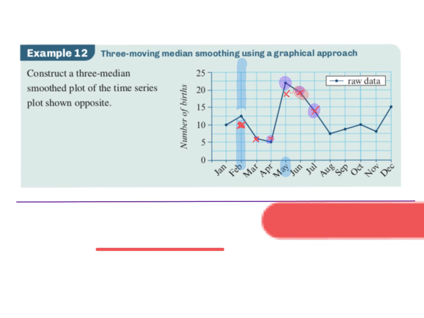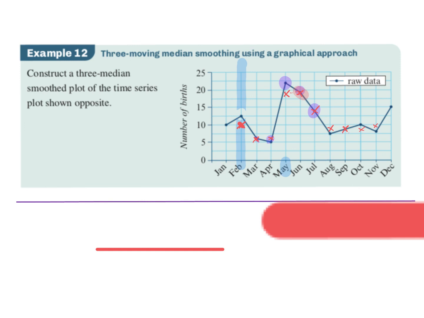The next 3, if I'm going along here, will be in line with there. The next 3 would be in line with there. October would be one a bit lower, and November would be in line with that one.